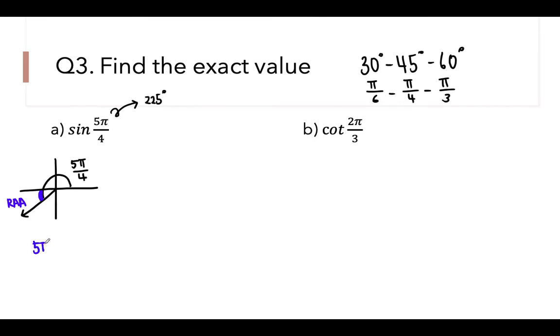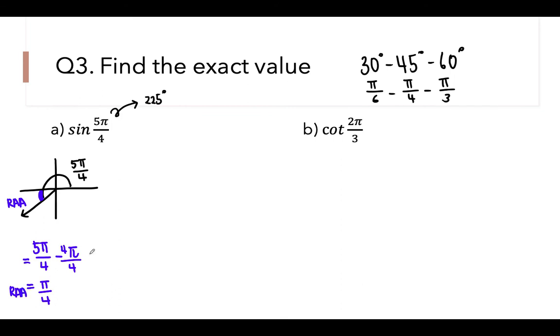So 5 pi over 4 minus 180, which is pi. And so for the related acute angle, 5 pi over 4 minus pi, you could write pi as 4 pi over 4, the same denominator. Then you will get pi over 4.